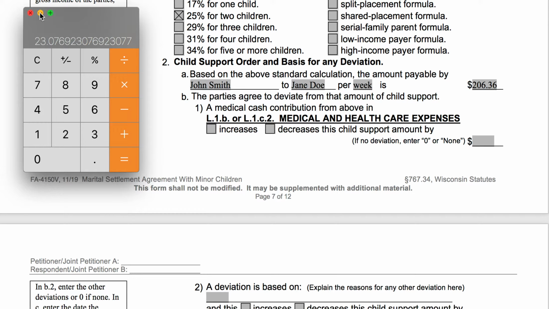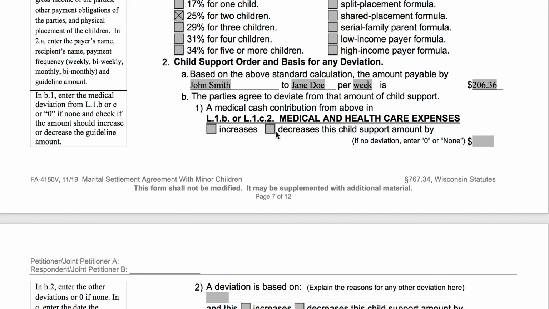And I know some of you are looking at that and saying, what the heck? There are 4 weeks in a month. That should be 25. The reason we do times 12 divided by 52 is because if we don't, the months that have 5 weeks end up being a little weird. So anyway, we could say that's going to decrease child support by $23.07 because that's Jane's contribution to the health insurance.